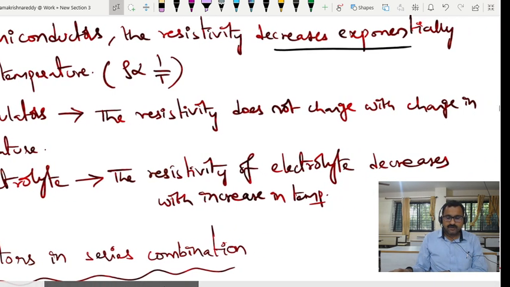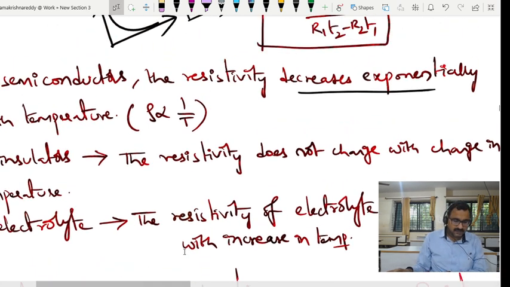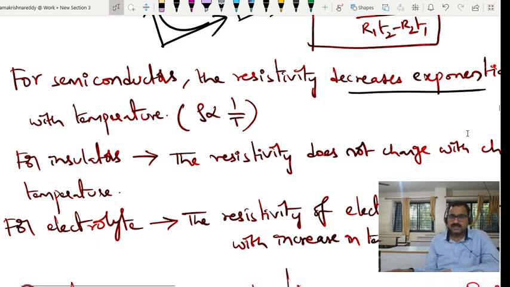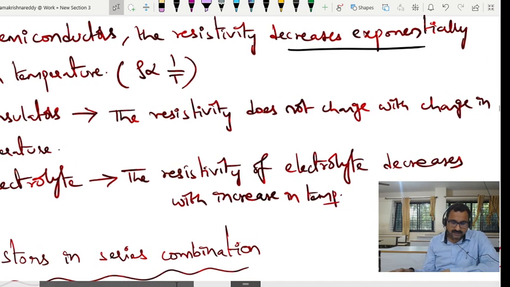For an electrolyte, what about the resistivity? It decreases with increase in temperature. This is just a revision of what we discussed. So for semiconductors, resistivity decreases exponentially with temperature, for insulators it doesn't change with temperature, and for electrolytes it again decreases with increase in temperature.